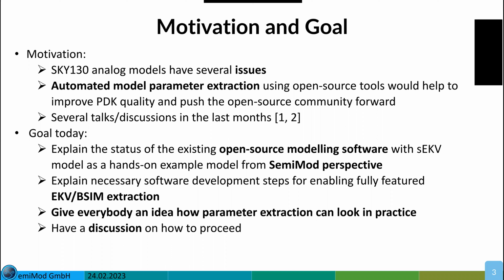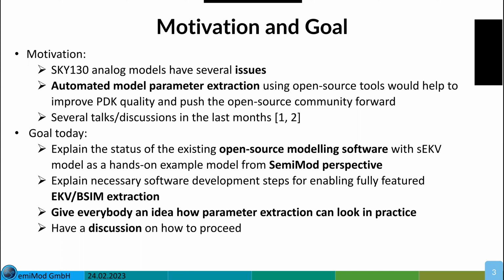There's a shared document by Tim Ansel from Google, where he talks about automated parameter extraction using open source tools with the goal to improve PDK quality and push the open source community forward. So Vladek, Tim Ansel, me, and Sadayuki had some discussions in the last months. So far, we don't have a clear direction, so I hope that I can help steer the discussion into a clear direction today.